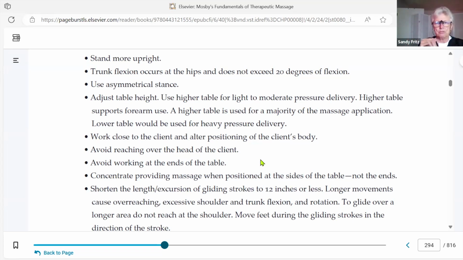And that's another carryover from the past, that all strokes have to be long and flowing and gliding and cover the entire area and all of that. You want a rhythmic, integrated approach. But the idea of these big, long strokes is not good body mechanics.